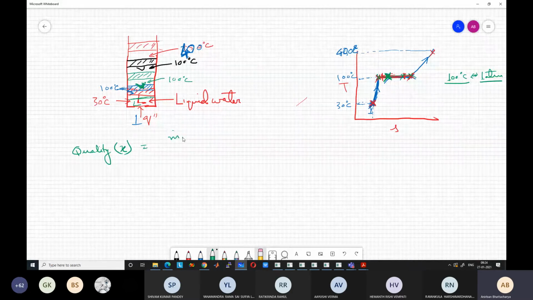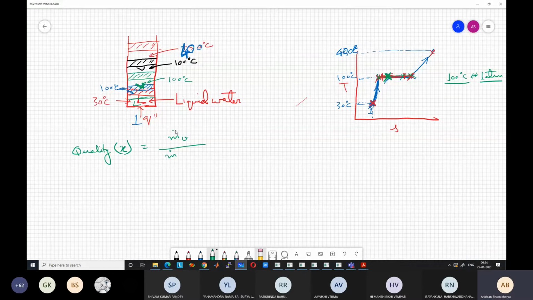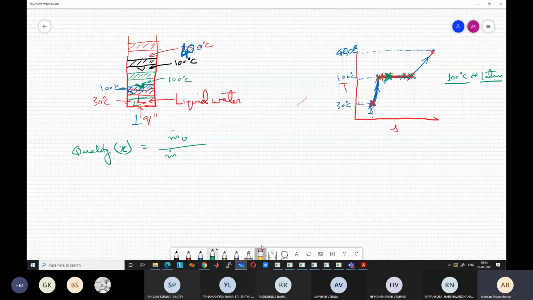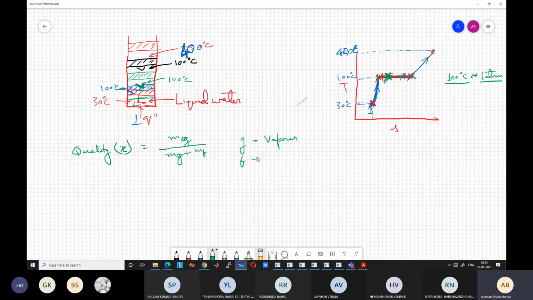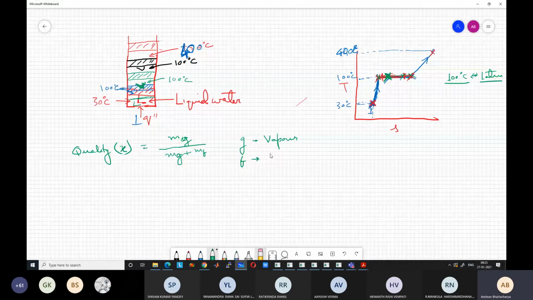Mass of vapor divided by mass of vapor plus mass of liquid. Generally, we denote these terms using G and F. G denotes vapor. These are standard terms. I am not inventing them. You will see them in steam tables. Instead of V and L, F denotes the liquid. So mass of vapor divided by the entire mass. This is known as quality X.